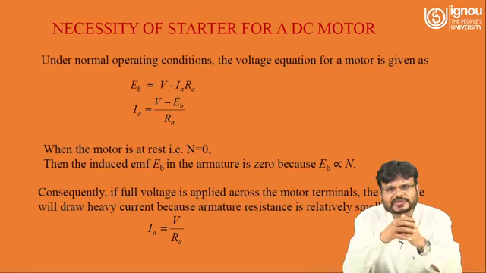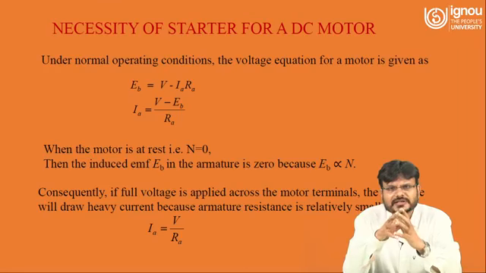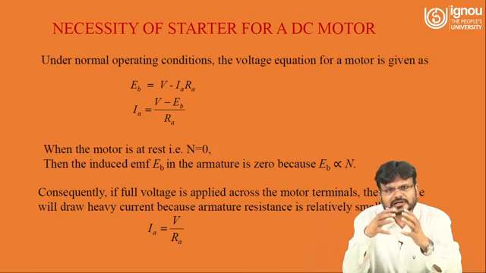The formula is Eb = PφnZ / 60A, where P is the number of poles, φ is the flux per pole, and n is the speed of the motor.